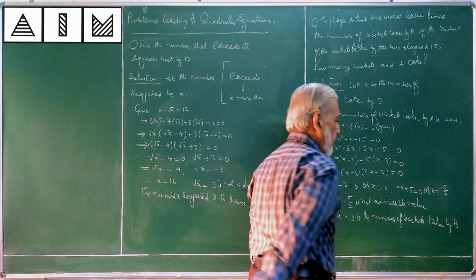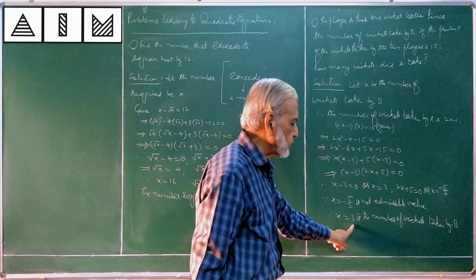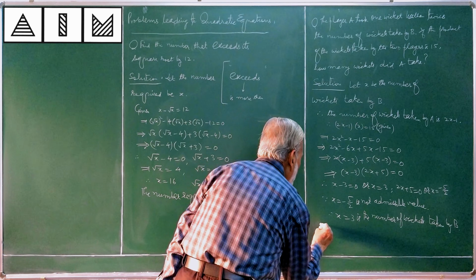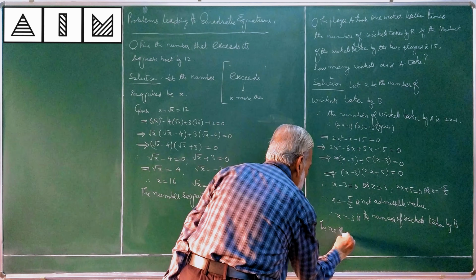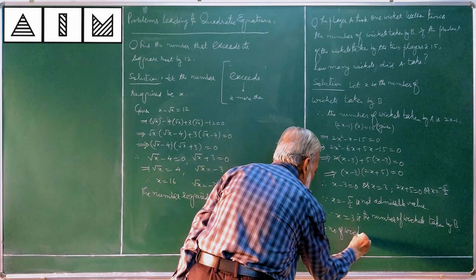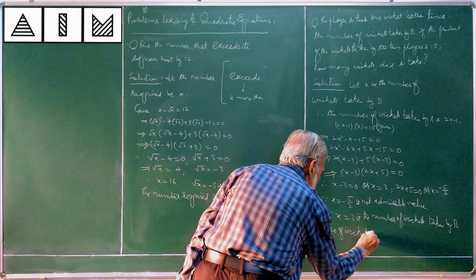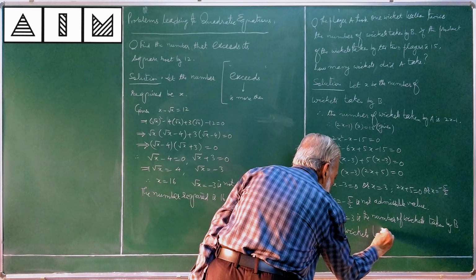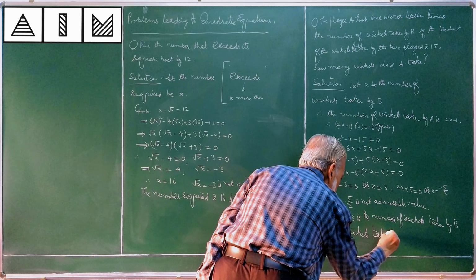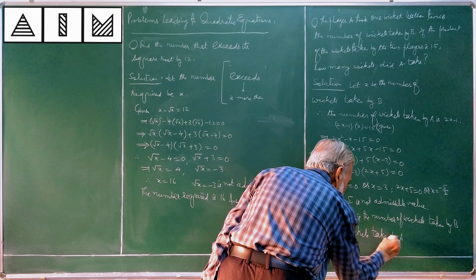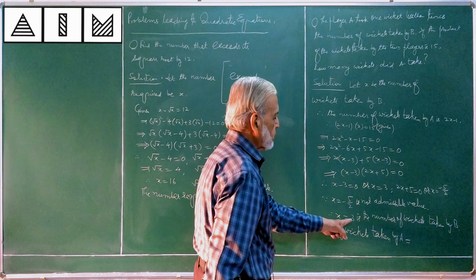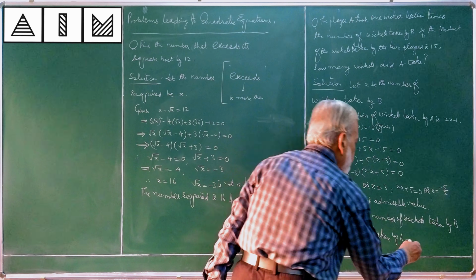My question asks, how many wickets did A take? So A took 1 less than twice this number, twice this less 1.